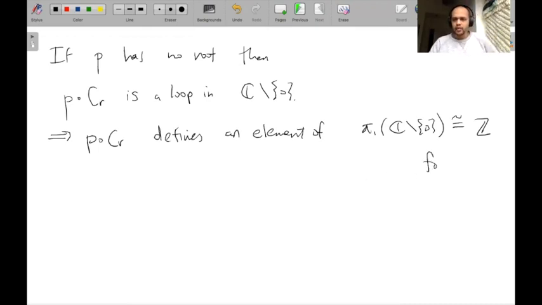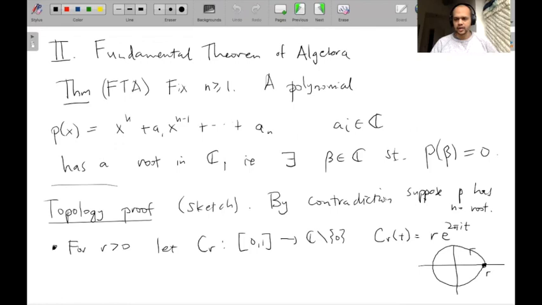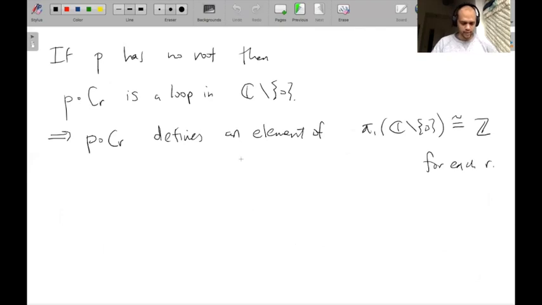So we get an element for each R. Technically that element isn't exactly this loop because there's a little base point issue, but this isn't so important. I'm going to ignore that.